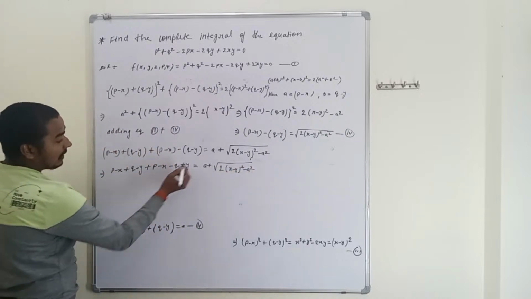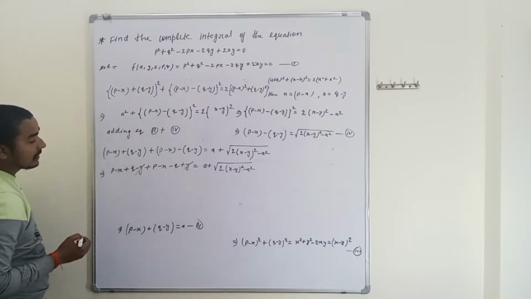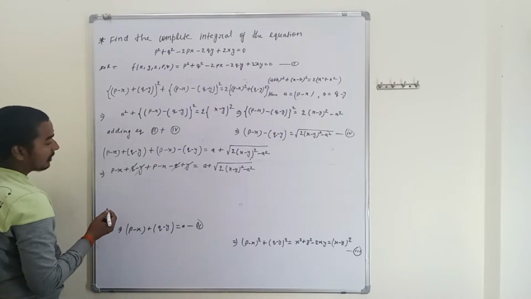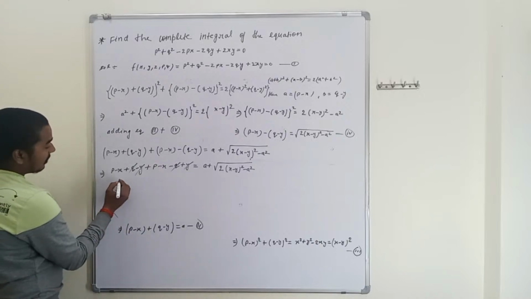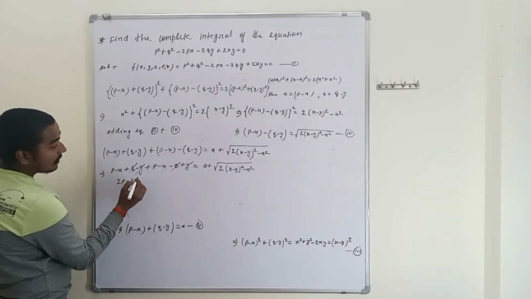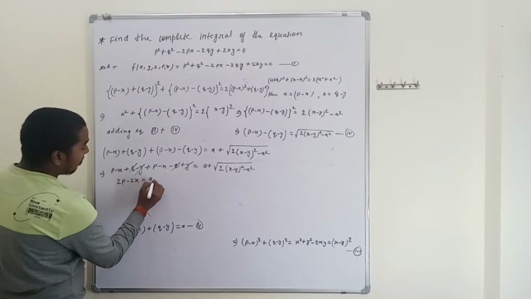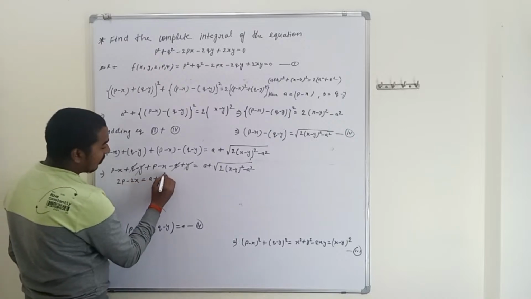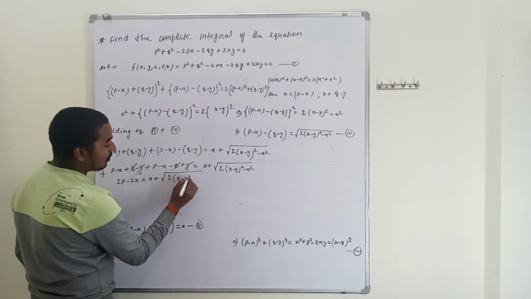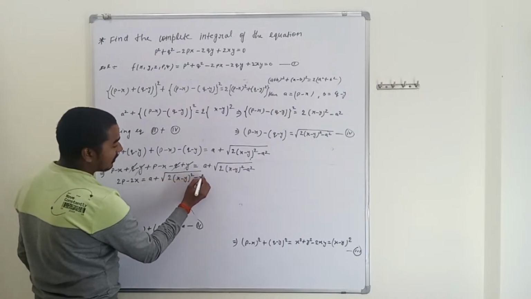From here, that is plus of y and minus of y is cancelled out, and plus of q and minus of q is also cancelled out, and from remaining is 2p minus of 2x is equal to a plus under root of 2 x minus y whole square minus of a square.